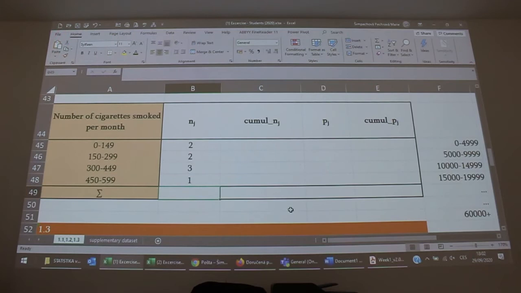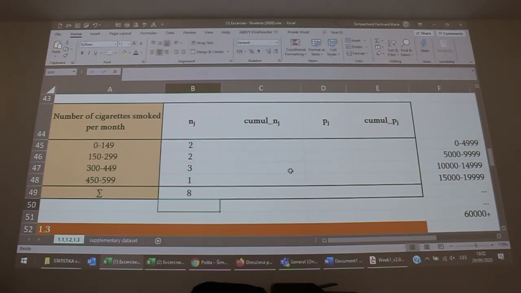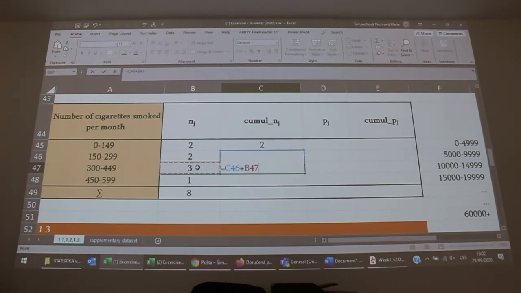If you calculate the summation, equal sign, sum, which adds all numbers in a range of cells, you can see that this is the sample size, 8 prisoners. You can also calculate the accumulation: equal sign, this value, enter, equal sign, previous value from this column plus the value on this row, and finally the last value is the sample size.